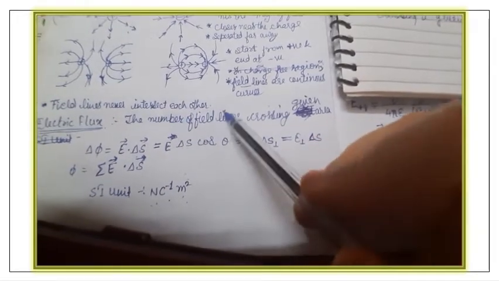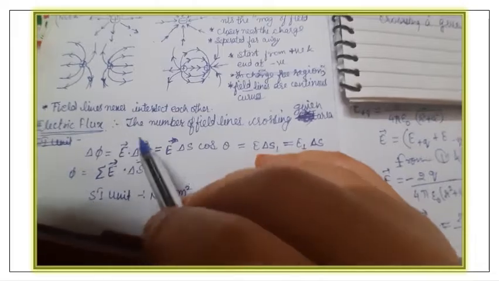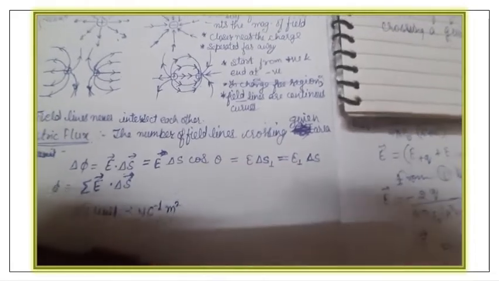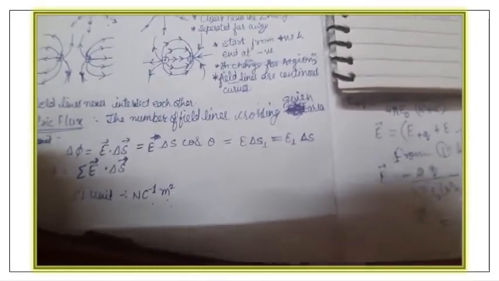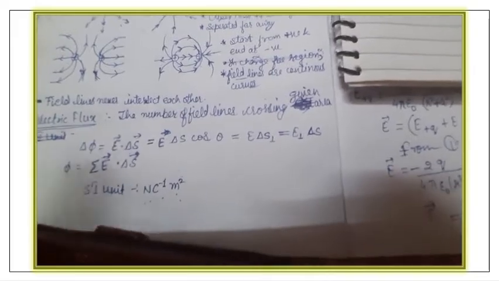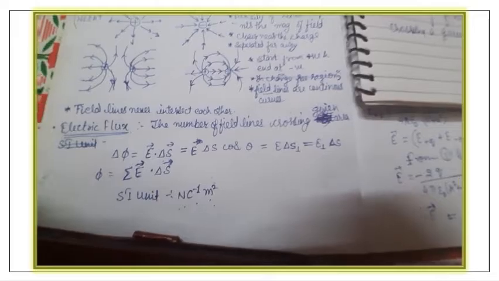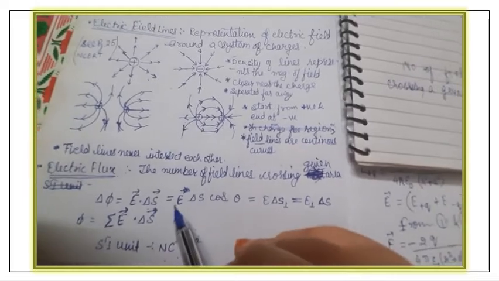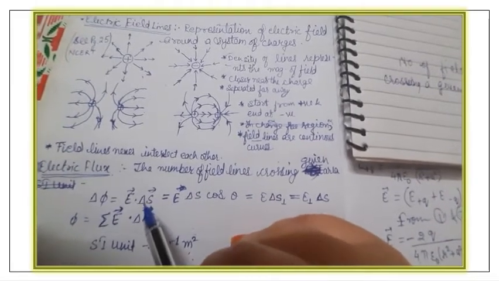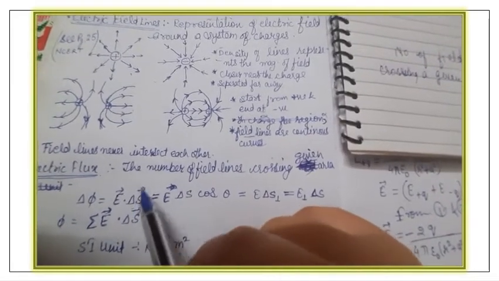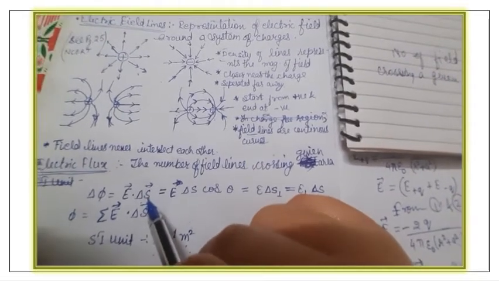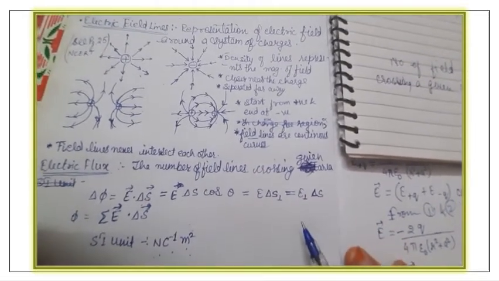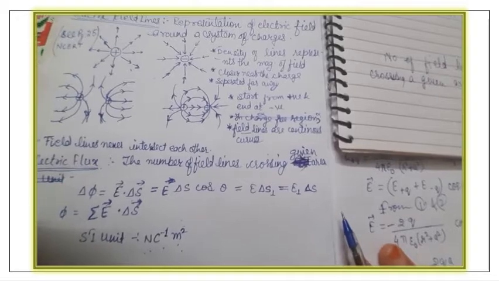For a small area delta S, the electric flux is given by delta phi equals E dot delta S, that is, the dot product of E and the vector delta S. You must be aware that the area vector is a vector associated with a given area. Its direction is always normal to the surface of that area.